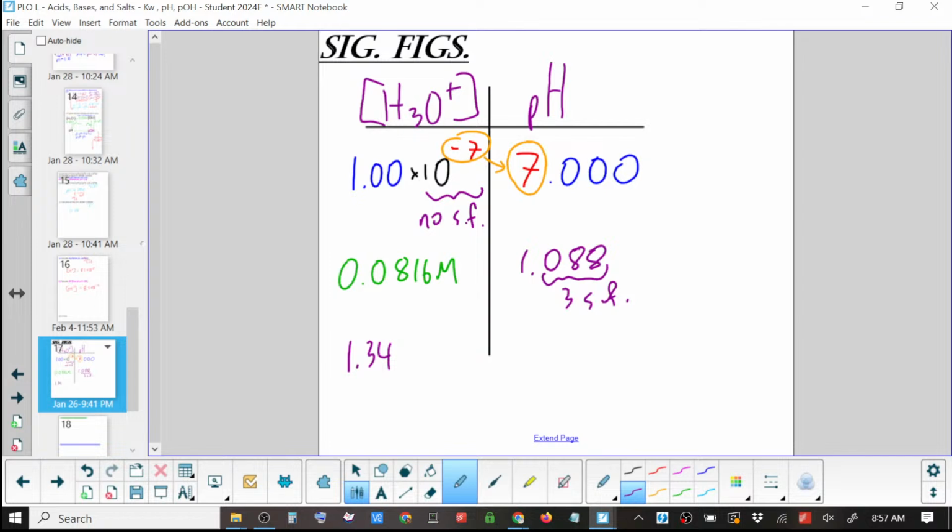Do 1.34 times 10 to the minus 13. What is that in terms of its pH?